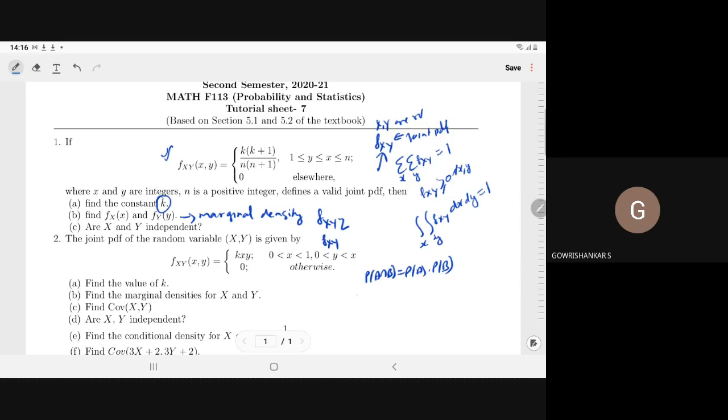So from here we have the idea: f(x,y) must equal f(x) into f(y). That means the joint PDF must be equal to the product of the marginal densities corresponding to x and y for all x and y. Then we say x and y are independent.